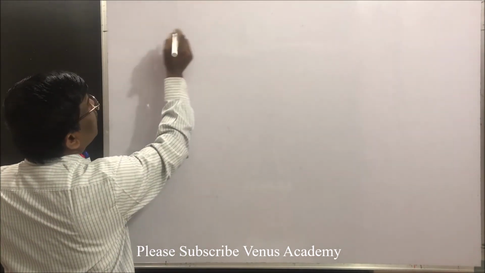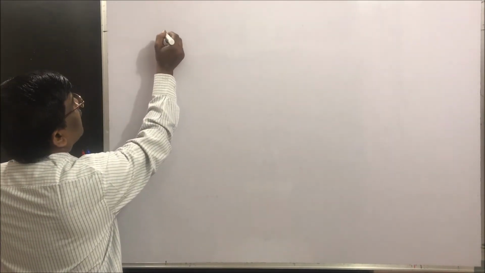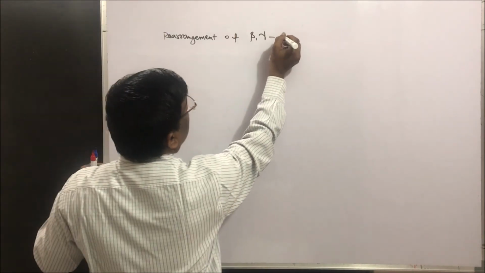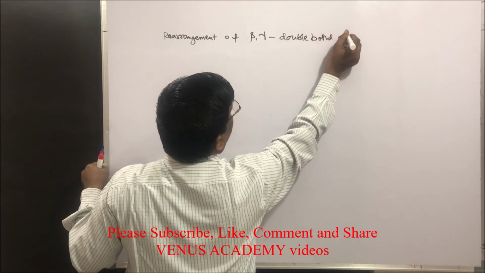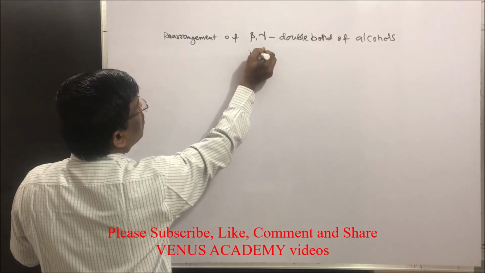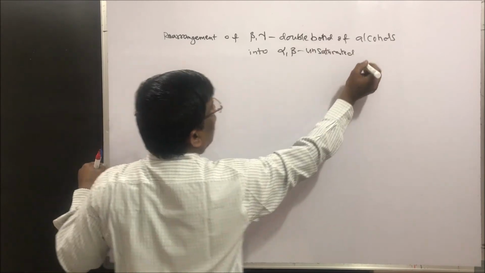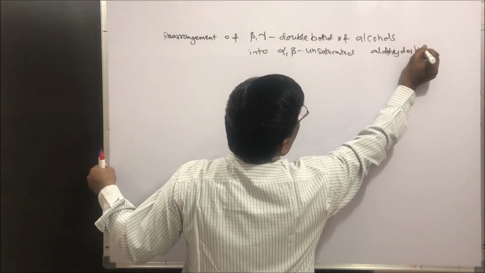Yes students, one of the important key points of this Oppenauer oxidation is rearrangement of the beta gamma double bond of alcohols into alpha beta unsaturated aldehydes or ketones.